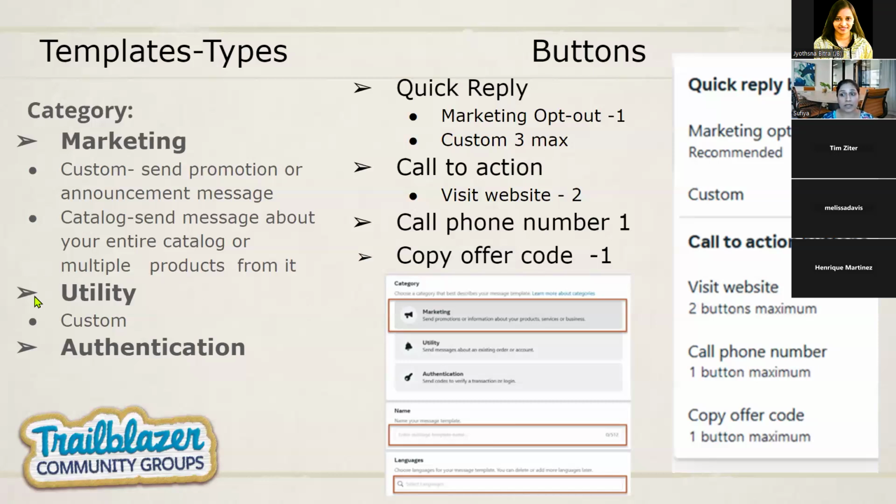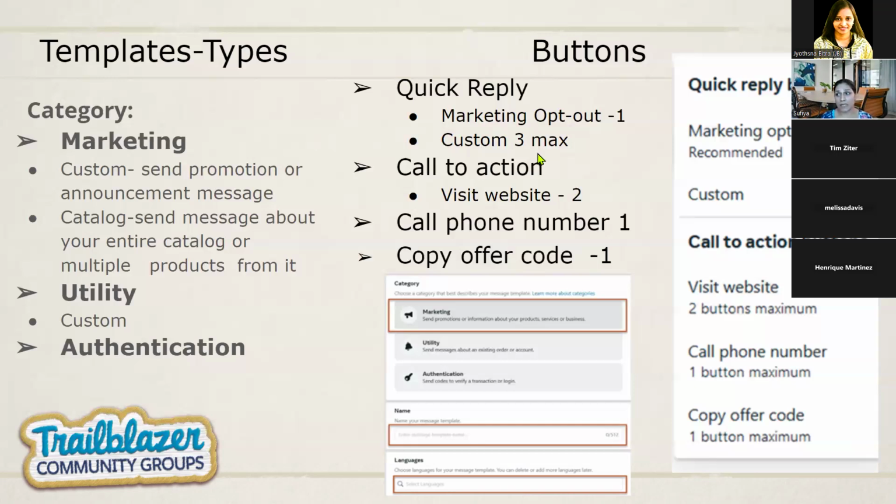The second category is utility, where you can use any transactional type of messages. In utility, Meta has already predefined messages to use. And authentication is if you want to get the login information, we use the authentication type.